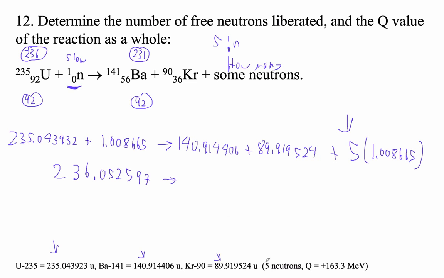And again, this is in your data packet, the mass of the neutron. It's not in that table of isotopic masses because it's not an isotope.